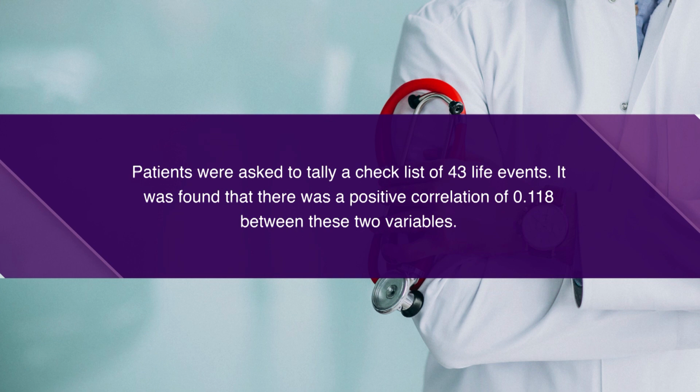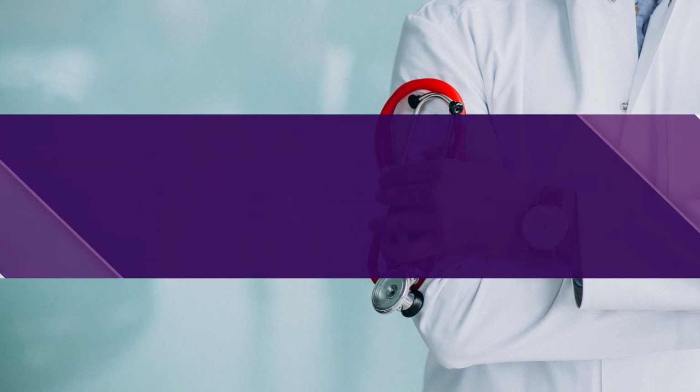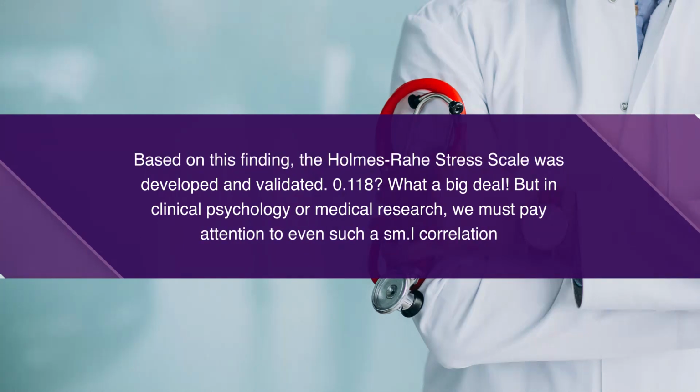It was found that there was a positive correlation of 0.118 between these two variables, and based on the findings, the Holmes-Rahe stress scale was developed and validated. So in clinical psychology and medical research, we must pay attention to even such small correlations.